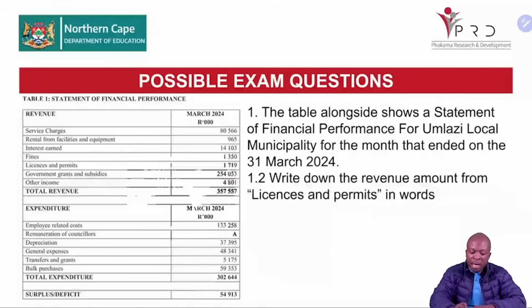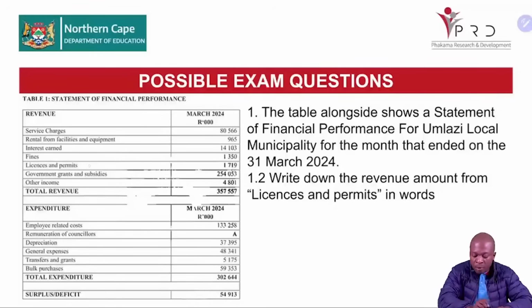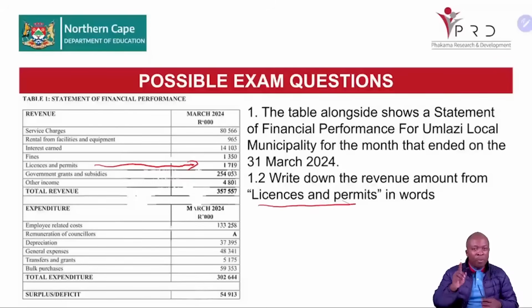It says, write down the revenue amount from licenses and permits in words. So let's go to revenue and licenses, or licenses and permits. Here, they want us to write this amount in words, but look at a clue.